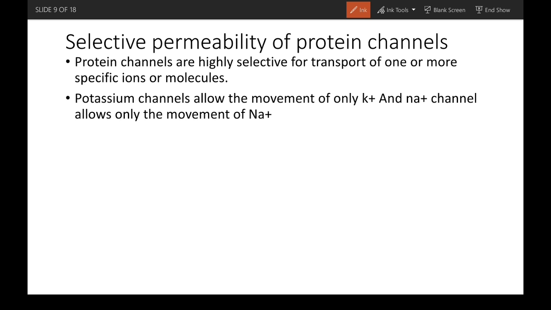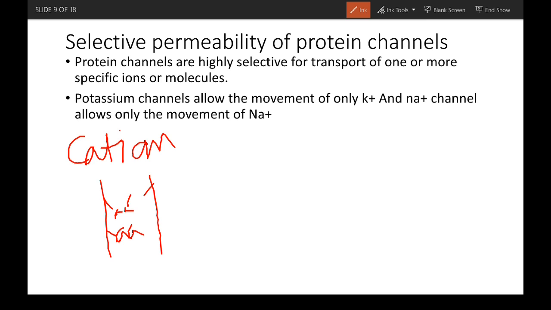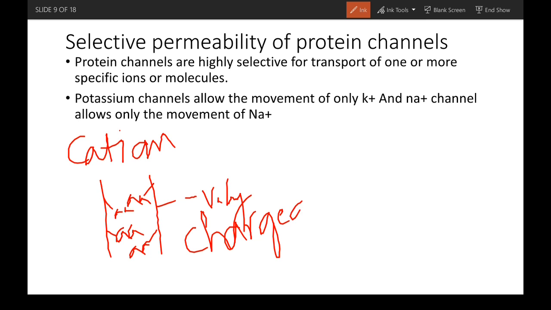Now if we see how that happens, we can say that if it is a cation channel, for a cation, then the channel will have negatively charged amino acids present inside it.